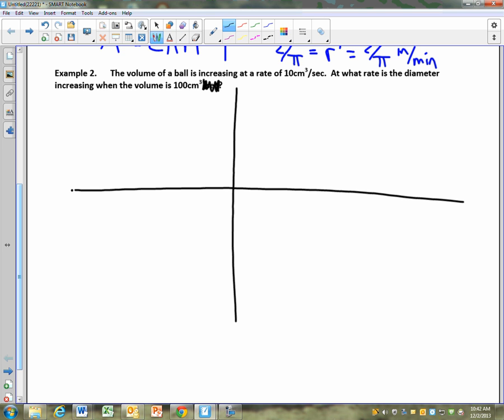I'm not very good at drawing a sphere, but I'm going to try. There's my best job as a sphere. And it's increasing at a rate of 10 cubic centimeters per second.